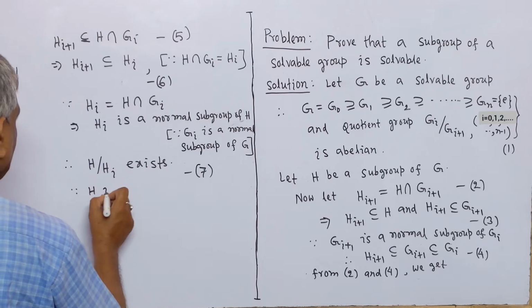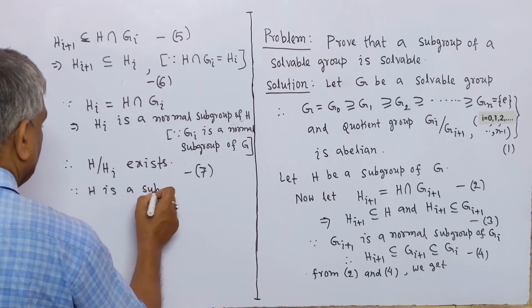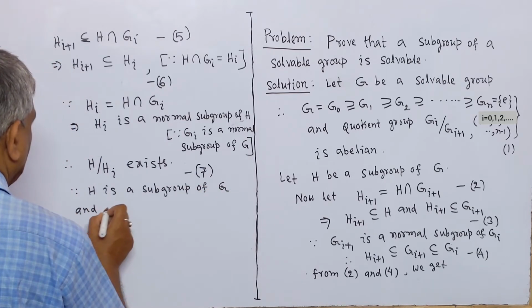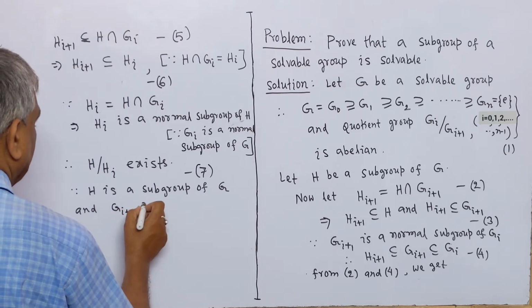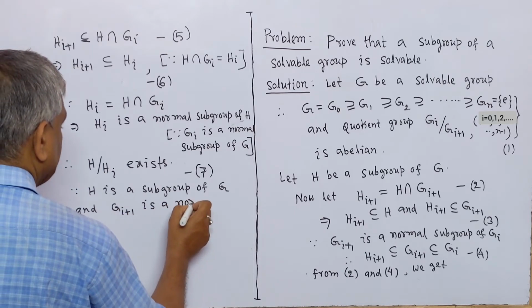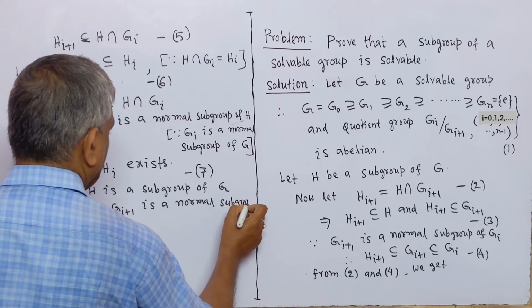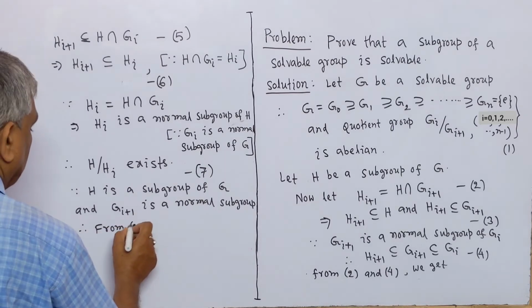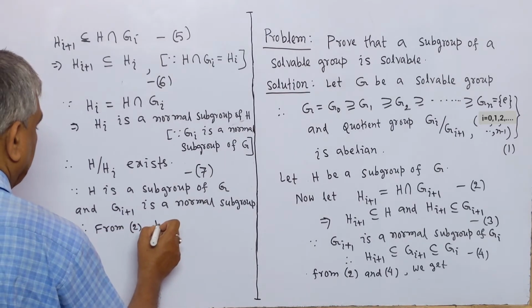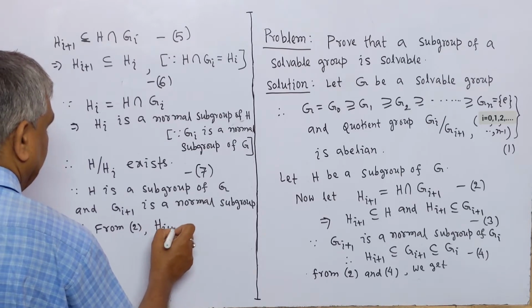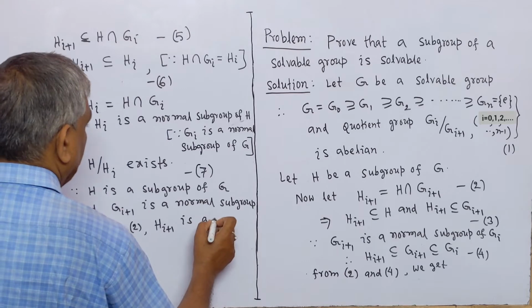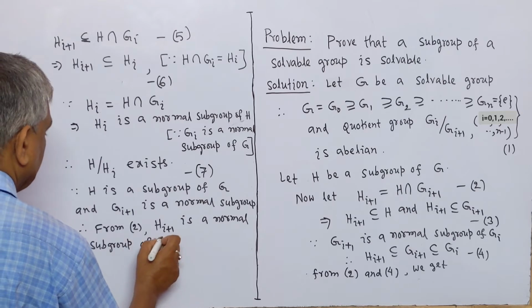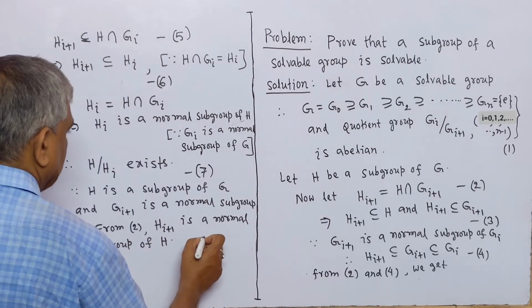Since H is a subgroup of G and Gi plus 1 is a normal subgroup, therefore from 2, Hi plus 1 is a normal subgroup of H. This is number 8.